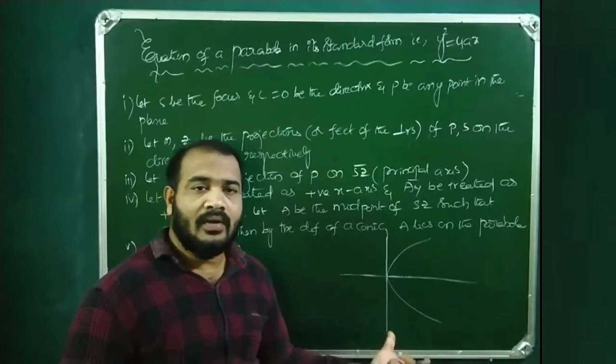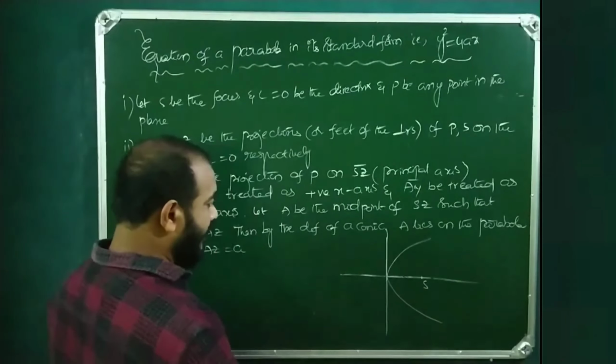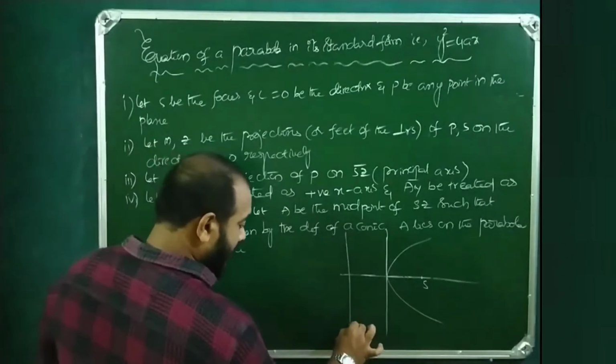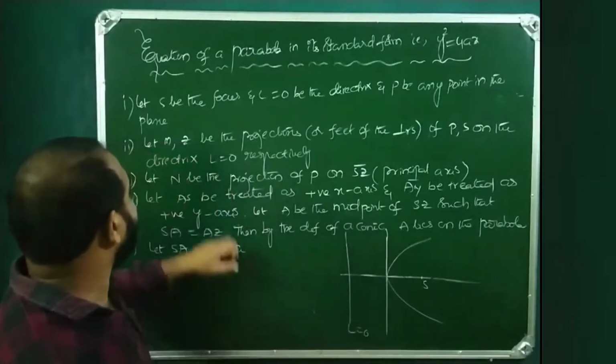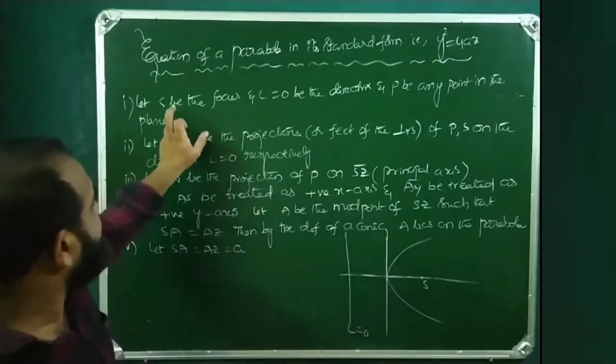So, let S be the focus. What is the focus? It's a fixed point. And L equals to 0 is the directrix. And P be any point in the plane.